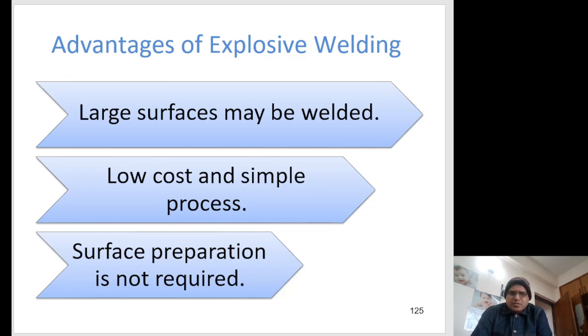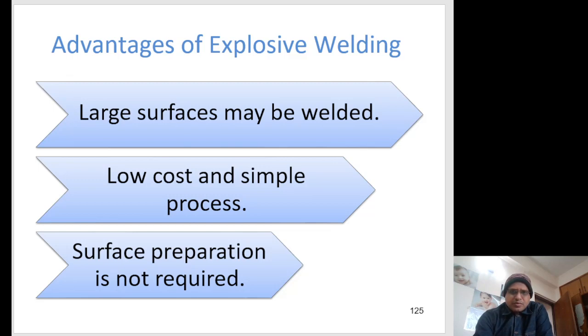The handling is very simple, and the initial investment and cost associated with this welding technique are very low. There is also no need for any surface preparation before welding, which is another advantage. And it maintains the parent material properties.